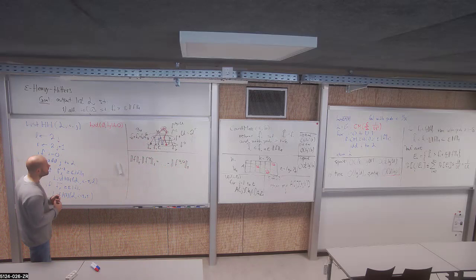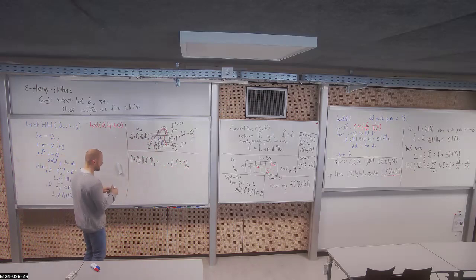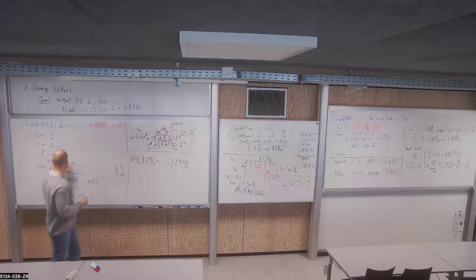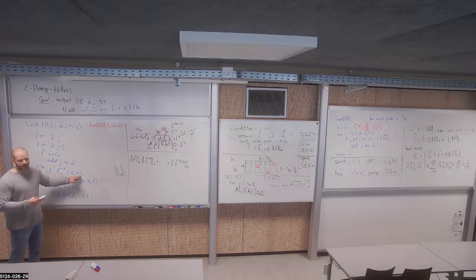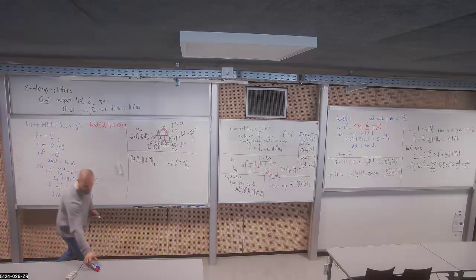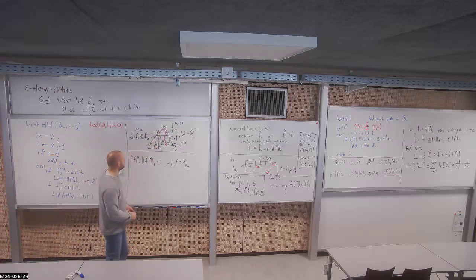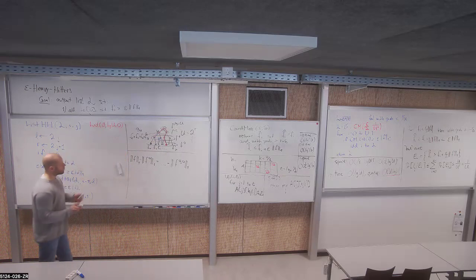Now the question is the number of nodes that we visit in this recursive procedure. We only visit a node if its frequency is at least epsilon times the one norm, right? This is the only time we visit a node. These are the nodes that I marked in red here.